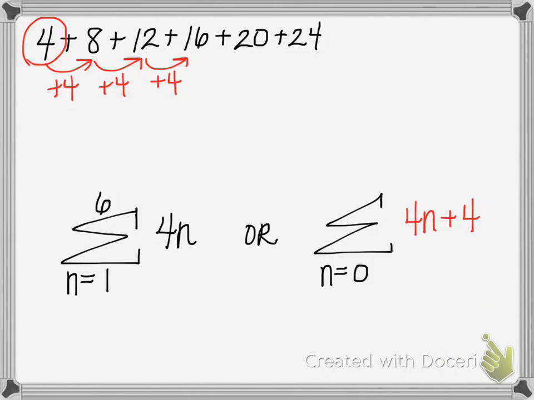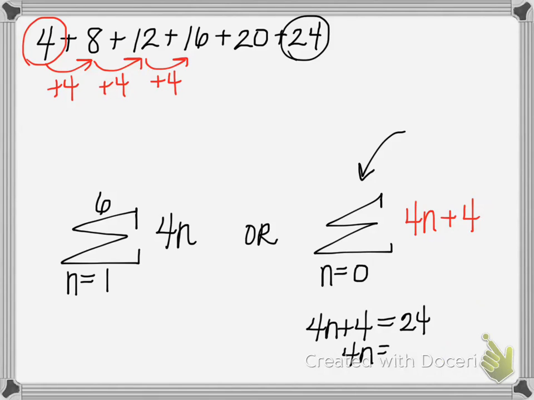But likewise, we'll also have to adjust the value that we would end with. What's my last value that I'm going to substitute in here that will give me the last term in the sequence, which is 24? You could think about this in your head or do a little bit of algebra. You could take your formula, 4n plus 4, set it equal to 24, and solve to see what n value you'd end up with. Solving this, you'll end up with 4n is equal to 20, and you can see that yes, n should equal 5.